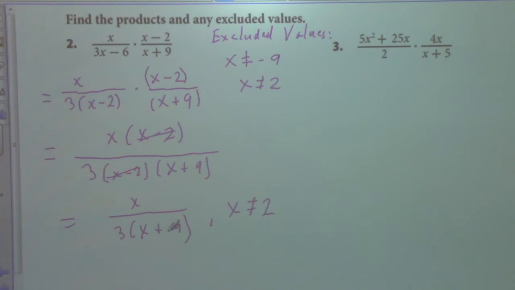Because it can be apparent to a knowledgeable person that x cannot be -9. But I like to put both of them here just to leave no doubt as to what the situation is. That's my preference.